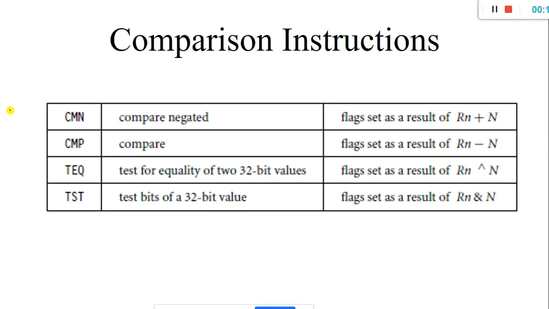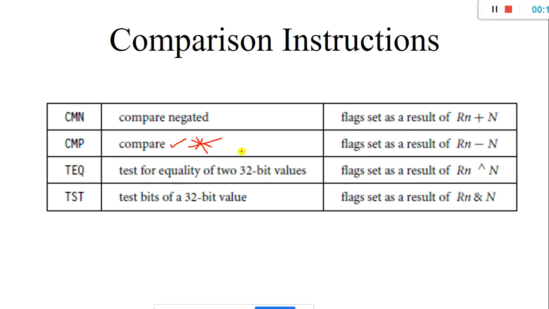Okay, now coming to the next instruction set, which is again a part of data processing, because mainly it works with the data. One is compare negated, CMN, and another one is CMP, very important instructions.